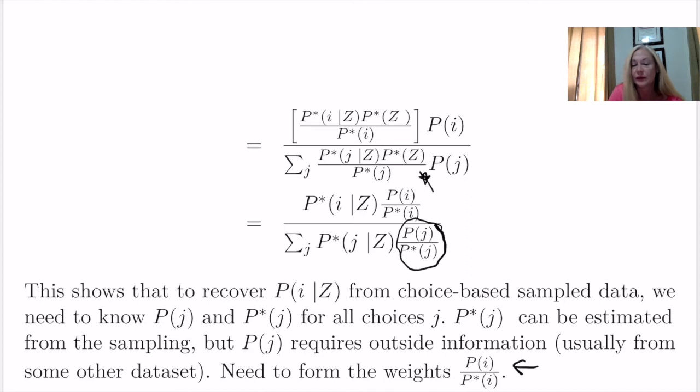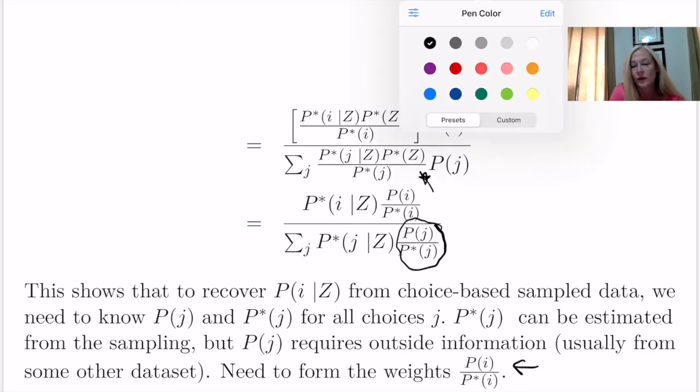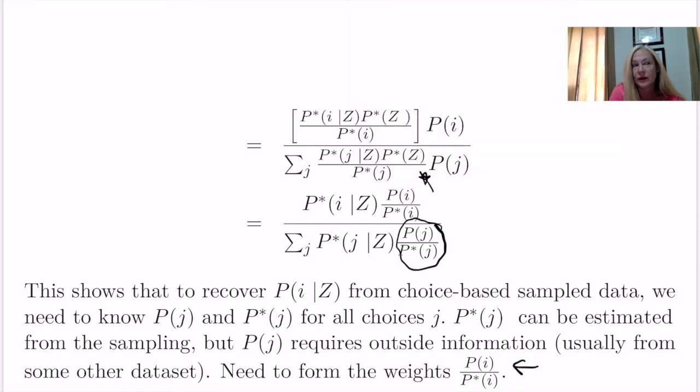But once you have that, you can adjust for choice-based sampling just using these weights. You form the weights, and the weight is equal to the probability in a random sample divided by the probability in a choice-based sample. So if I'm evaluating a training program and I oversample training program participants, P star might be 0.5, if half are participants, and then P of I might be 0.05.